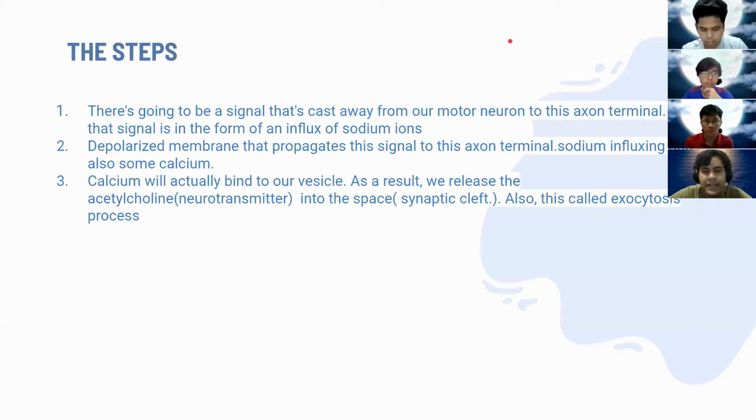For the next step, the signal travels from the motor neuron in our brain to the axon terminal, and this causes an influx of sodium ions. It is easier to see in the diagram on the next slide.